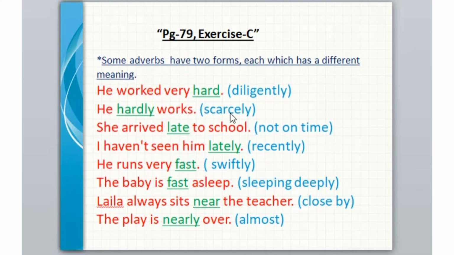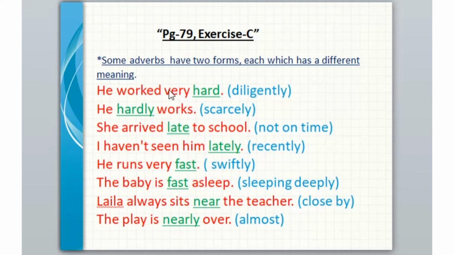Let's begin with our first example. First example says, he worked very hard. Here, students, hard basically means something very solid or rigid, but it's not that here. Here hard means when someone puts in a lot of effort, we call it diligently. Work is the verb here, which is modified by two adverbs.